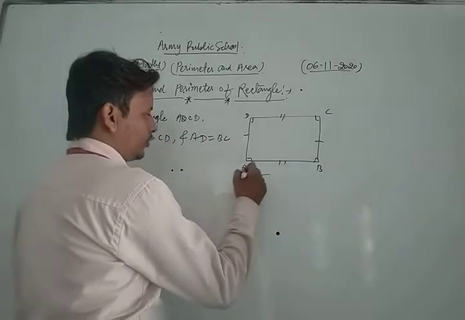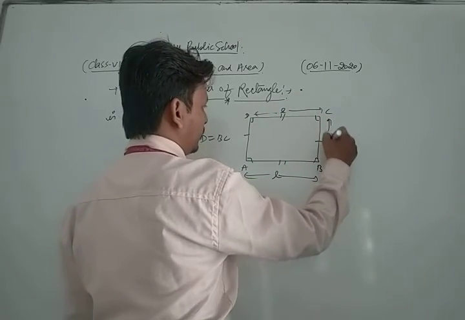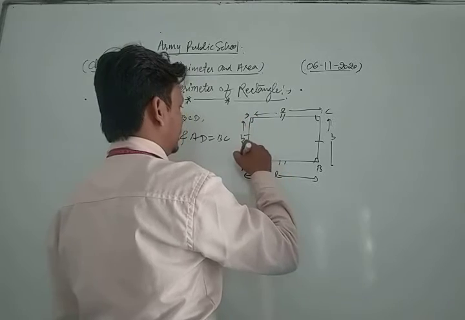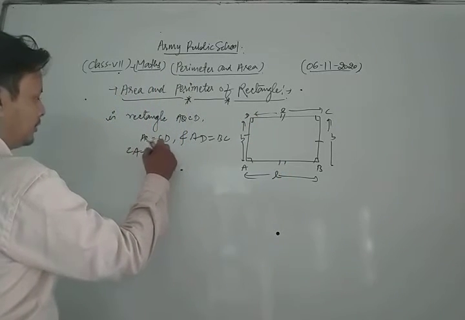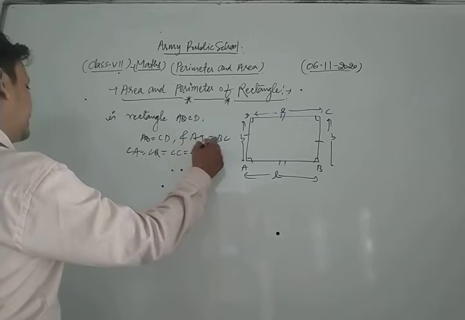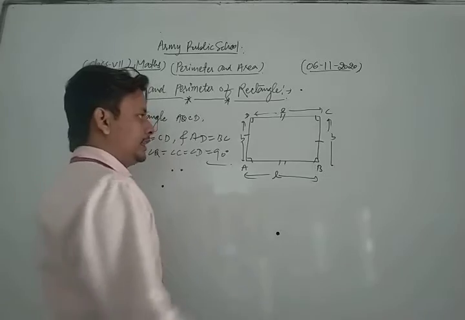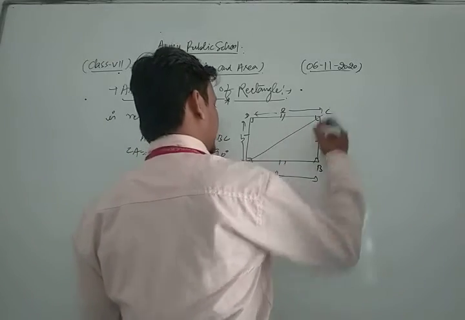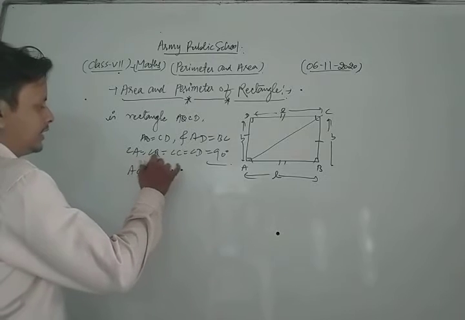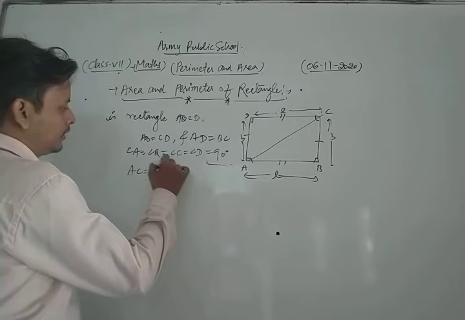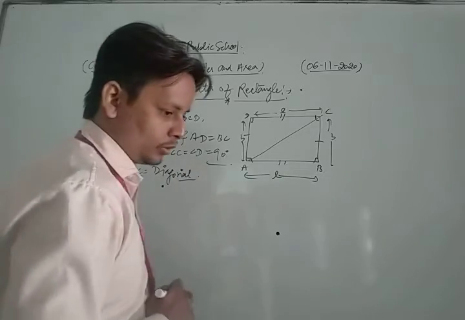Suppose this is the length of the rectangle, this is L, so this is also L, and this is the breadth of the rectangle. Each angle, angle A is equal to angle B is equal to angle C is equal to angle D is equal to 90 degree. This is the concept of a rectangle, and here AC is the diagonal of the rectangle.